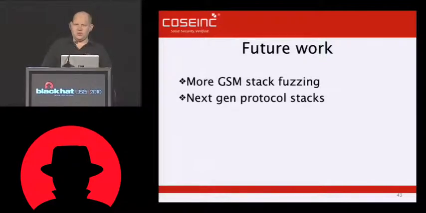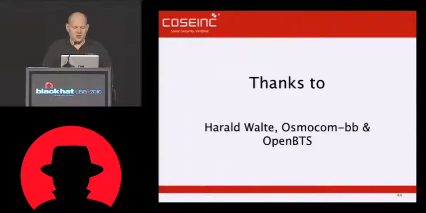In the future, we want to do more fuzzing against GSM stacks, hopefully get some help from someone who's really good at hardware, getting JTAG onto one of these boards. And we want to look at 3G and start going after 3G soon. A big thanks to the OsmocomBB guys and the OpenBTS guys, because I use their software extensively.